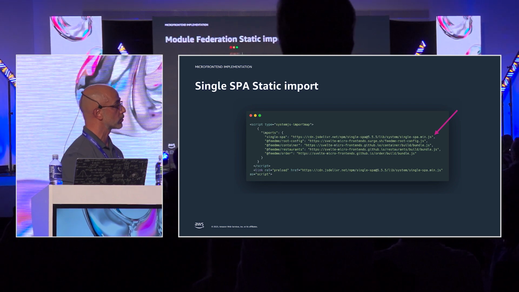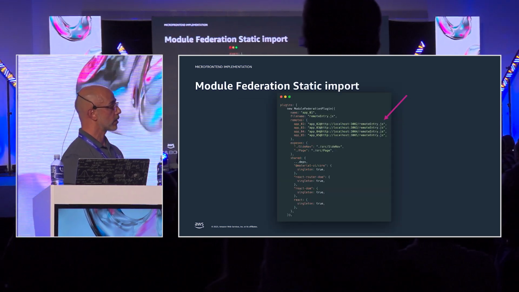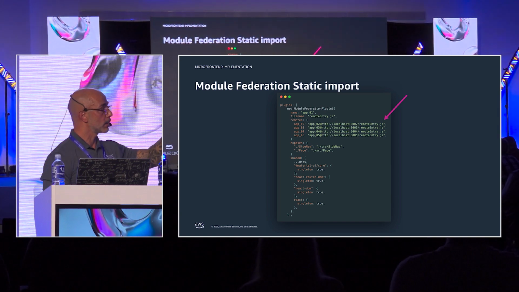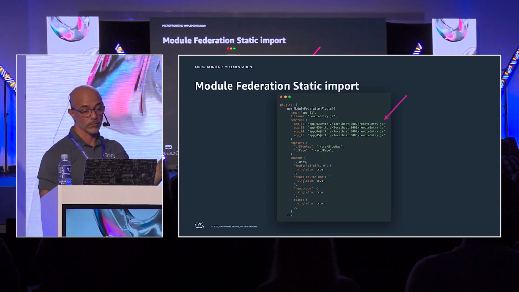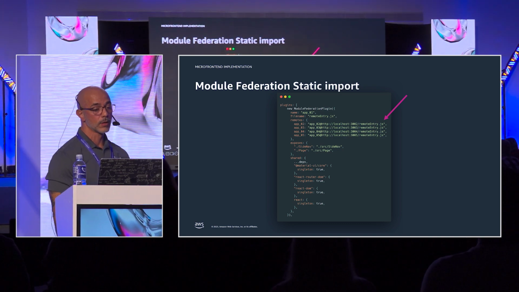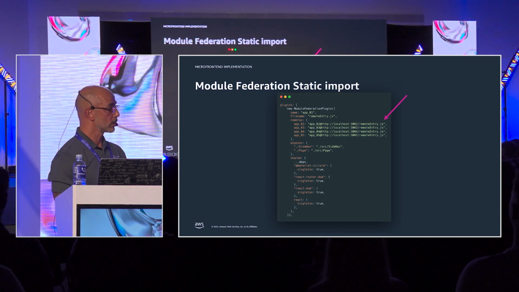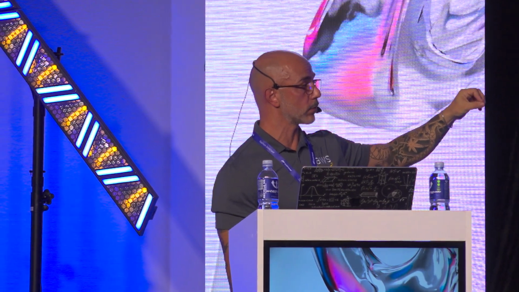Then if I go into what we have seen so far, I'm doing the same. So here I have my plugin declaration. So this is my React application. And in here, I'm informing where the modules are located. So the main problem that we have here is that this consumer is really bound to the availability of the modules.